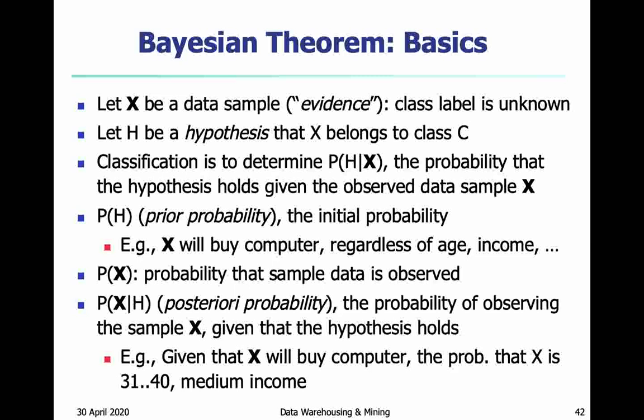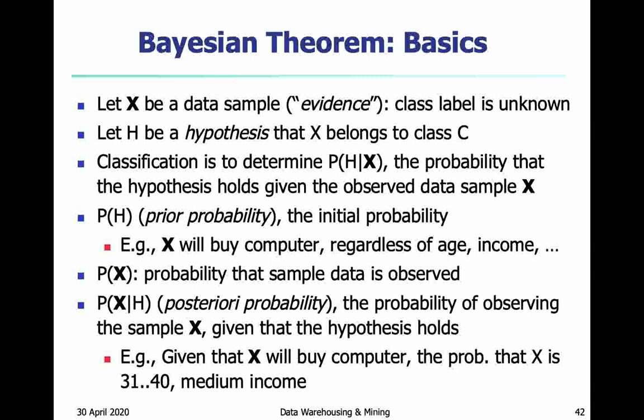Means we are looking for the probability that tuple X belongs to class C, given that we know the attribute descriptions of X. Means we know about the X tuple. So by knowing this X tuple, we are looking for the probability that tuple X belongs to that class C. So this is P(H|X), right?